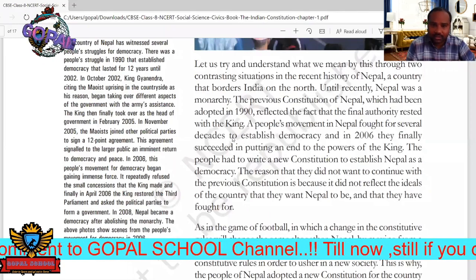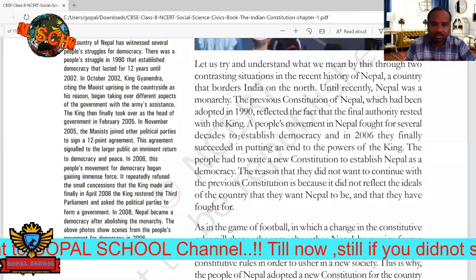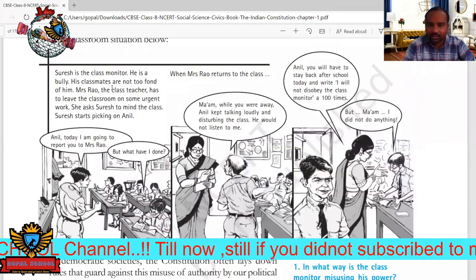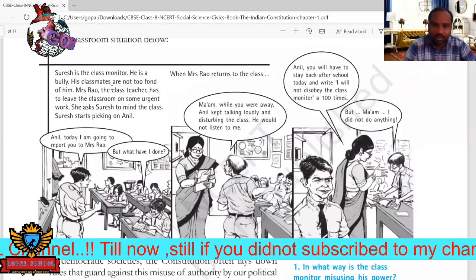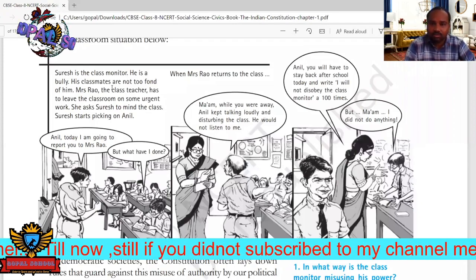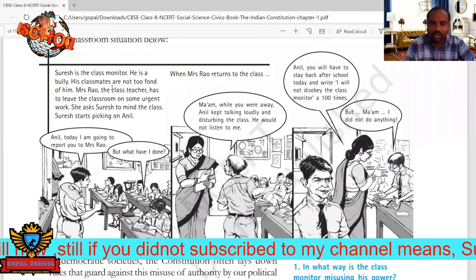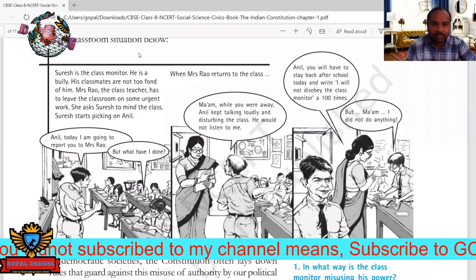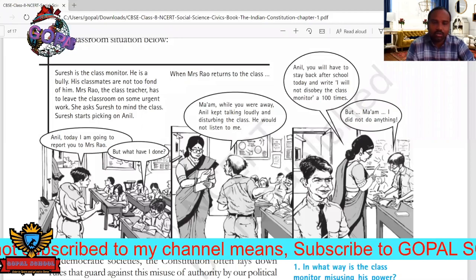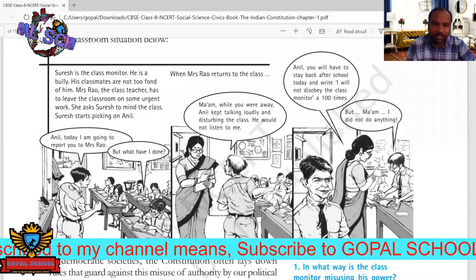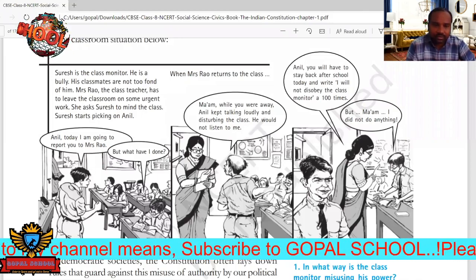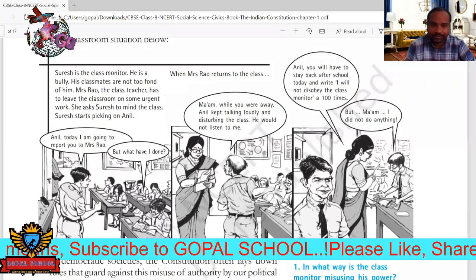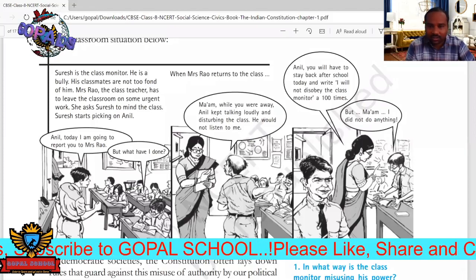And here in the democratic constitutions, there are some drawbacks. So democracy is nothing but what? Elected people are going to govern or rule the country. But here one example is given. Even in democratic countries, there are some problems. What is there here? This is the person who is allotted as a leader or class monitor. So here one person, the other student was there.